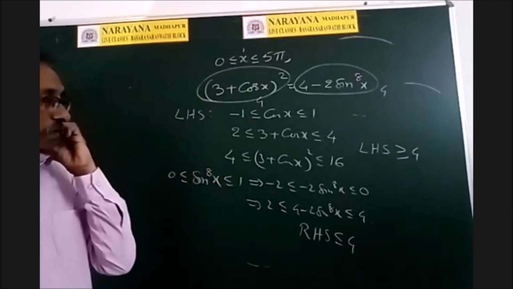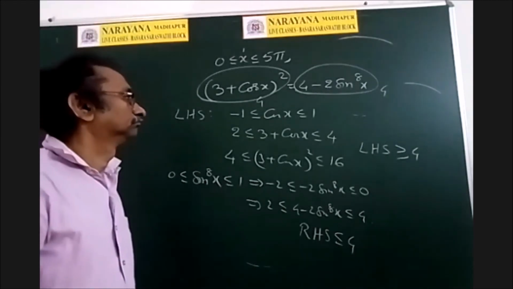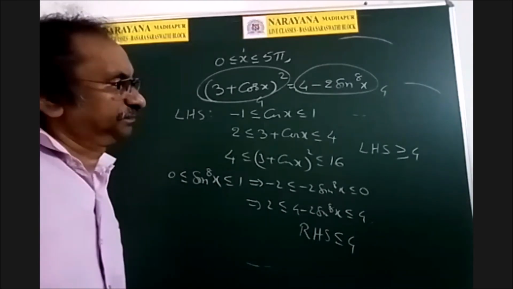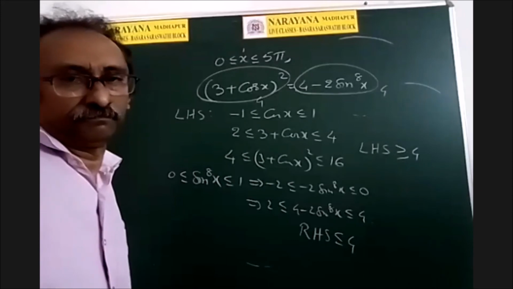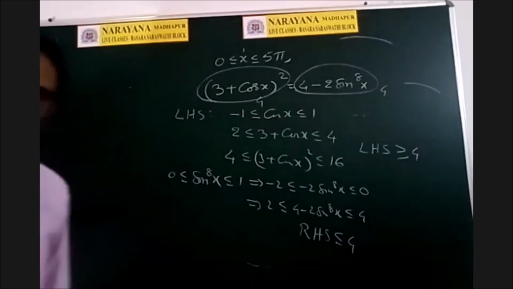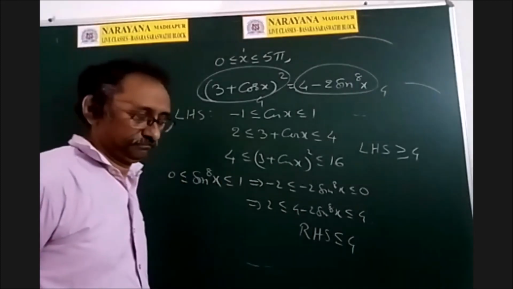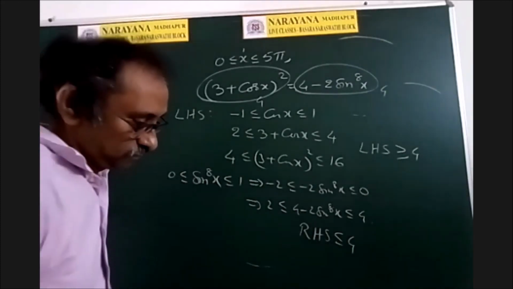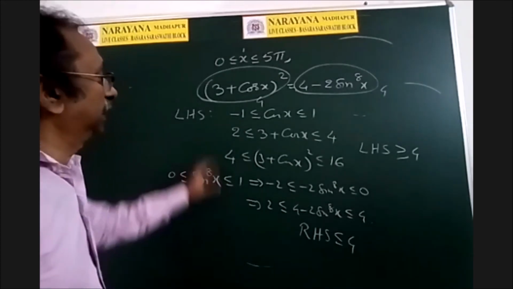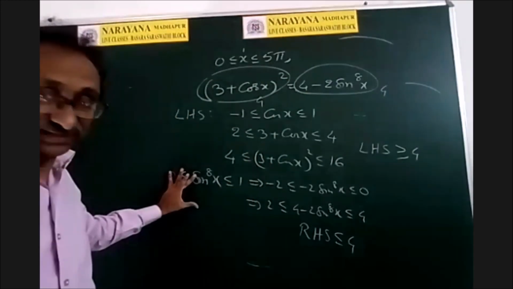Okay, now I will erase and continue. Once again, the left hand side range is 4 to 16, and the right hand side range is less than or equal to 4.